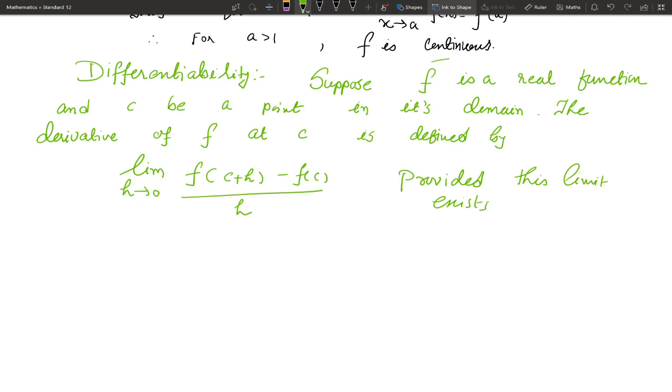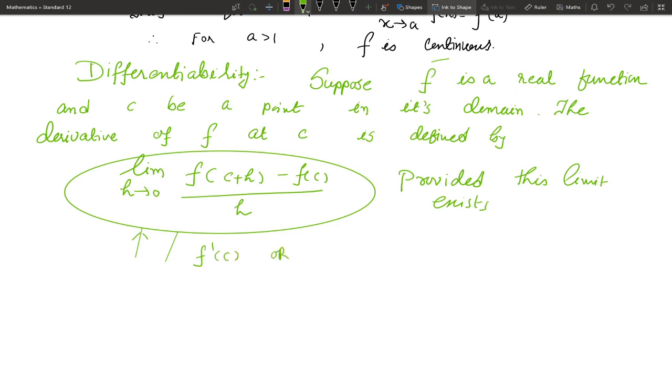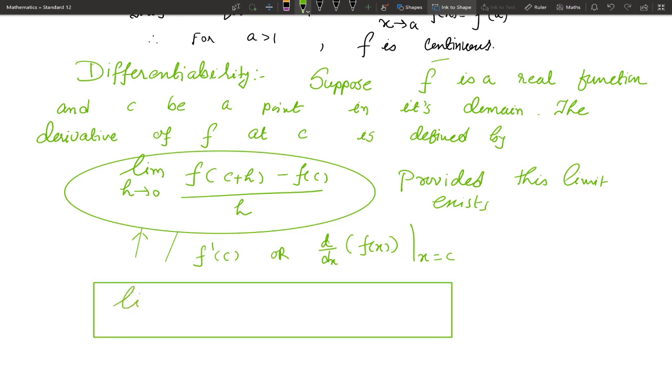The derivative of f at C is defined by, if this limit exists, then we denote this by f prime C, derivative of f, or we denote d by dx of f of x at x equal to C. And when we say that this limit exists, it means limit h tends to 0 plus right hand side limit should exist, left hand side limit should exist, and both must be equal.